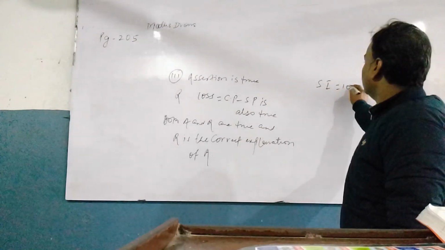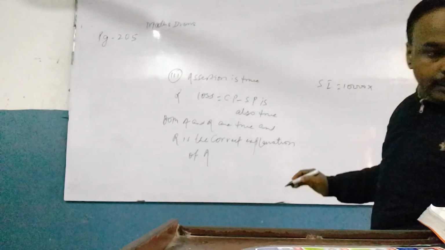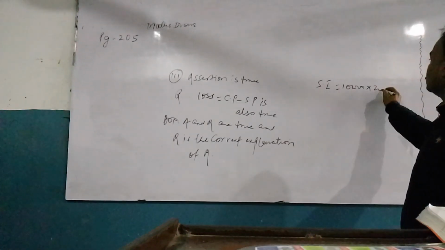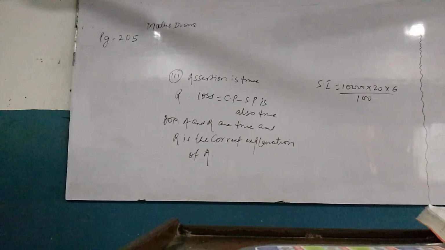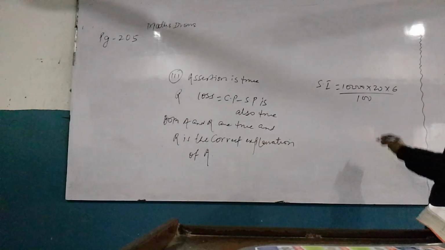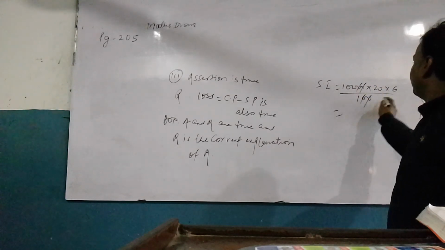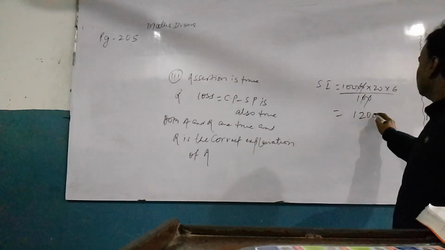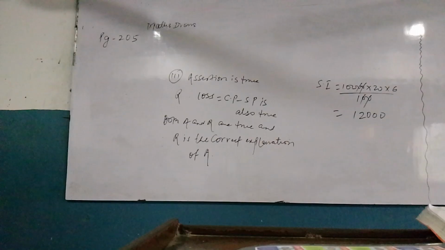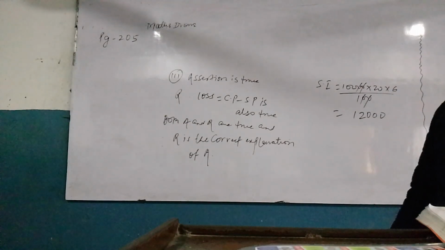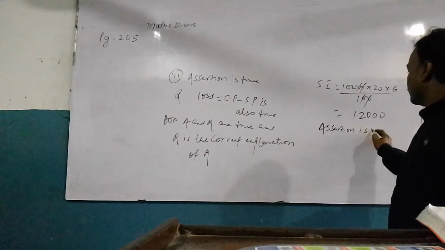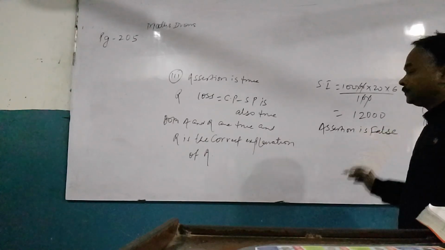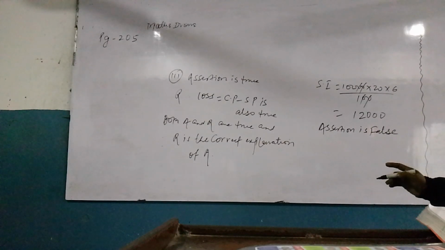SI is equal to principal into rate into time by 100. Principal 10,000, rate 20% per annum, and time is 6 years, by 100. It is 12,000, but here given 15,000, so A is false. Assertion is false because it is given 15,000 there, and the answer is 12,000.